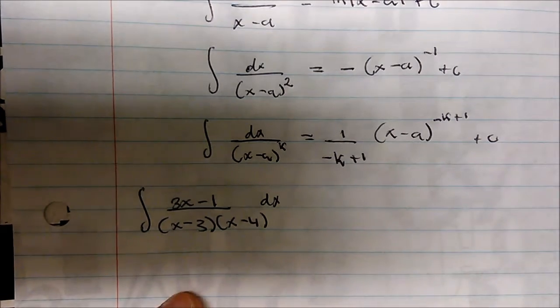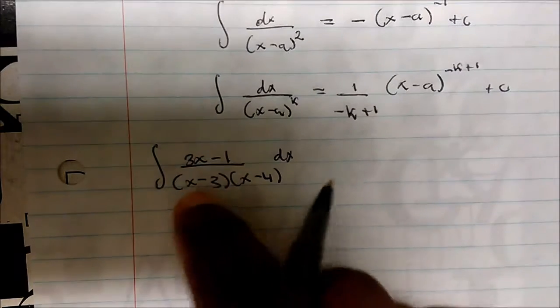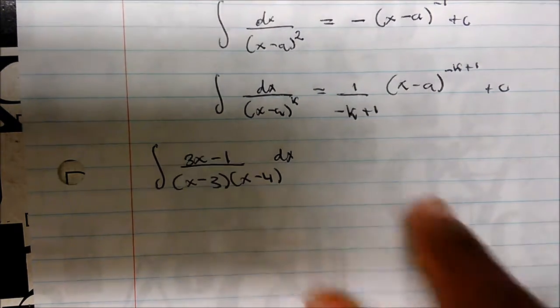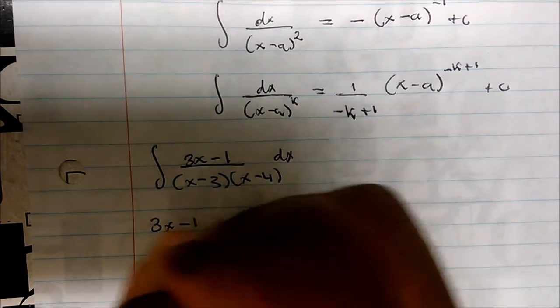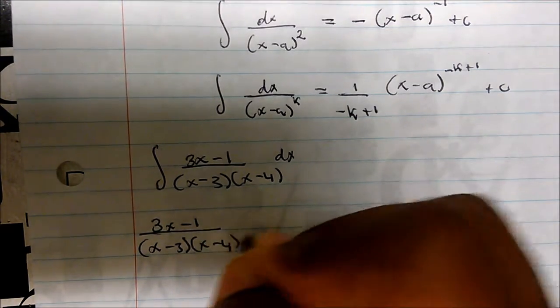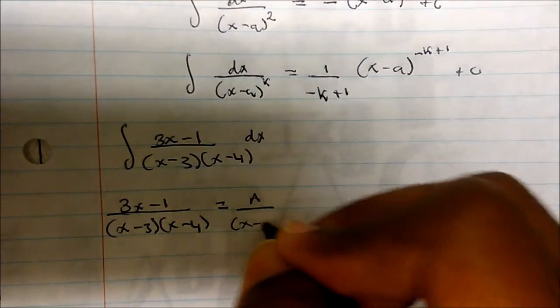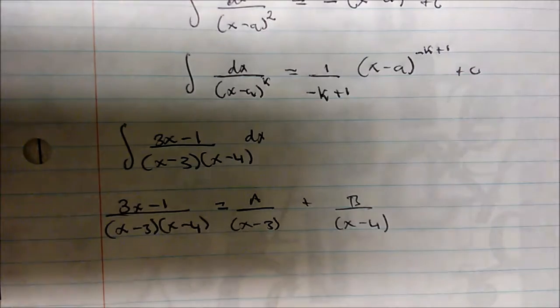It's given in a linear form, so immediately I can go ahead and decompose this. We have 3x minus 1 divided by x minus 3 and x minus 4, and that is equal to a over x minus 3 plus b over x minus 4.